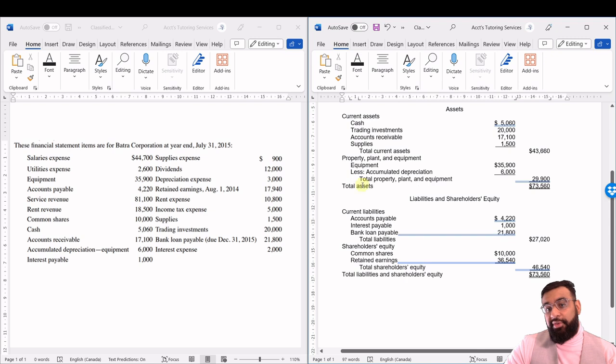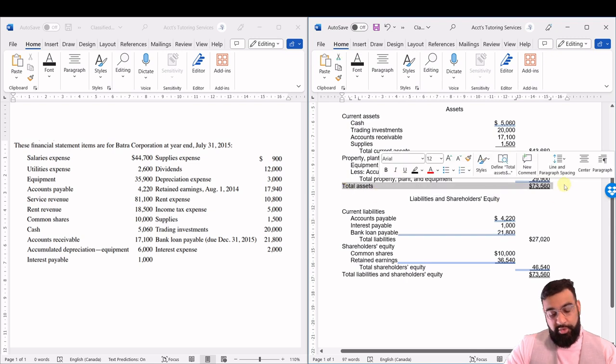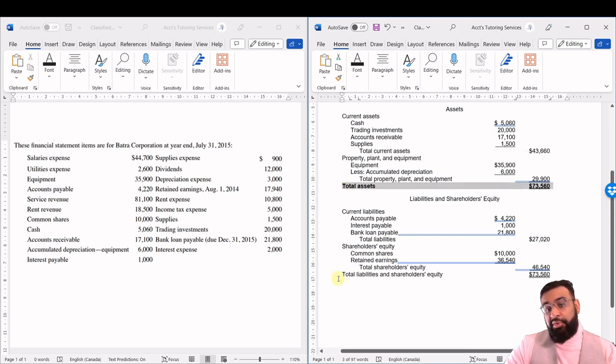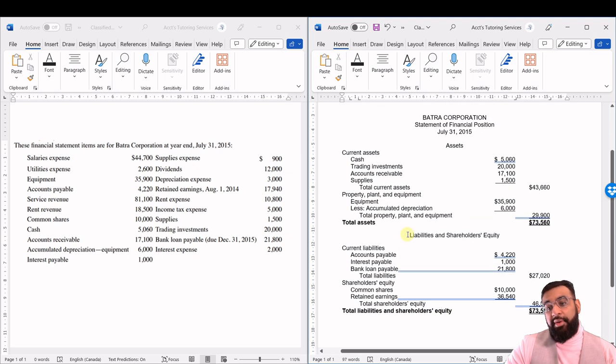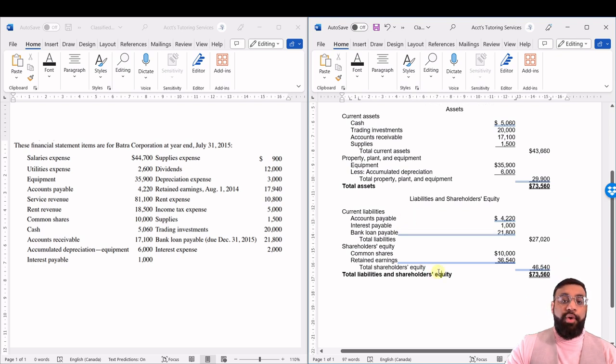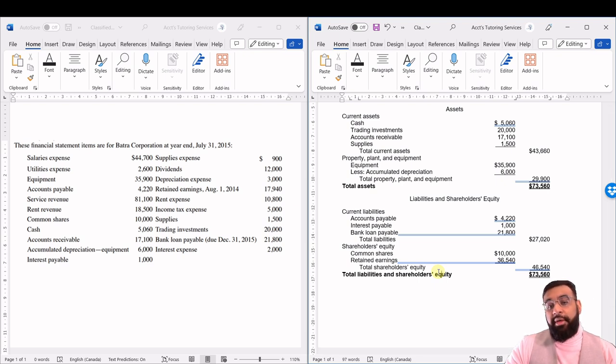As you can see, total assets now equals total liabilities and shareholders' equity. This is a very important question. I highly recommend that you redo this question multiple times, as the classified balance sheet is very important within the language of accounting.